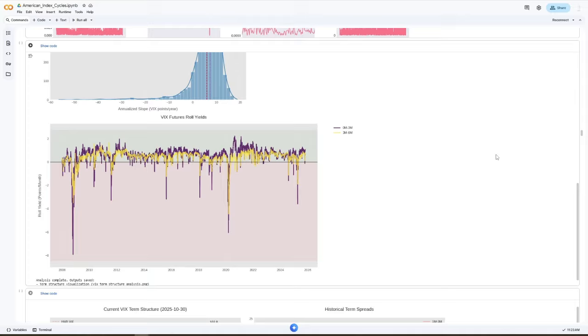As long as the volatility creeps higher, the rolling yield of these futures becomes negative.